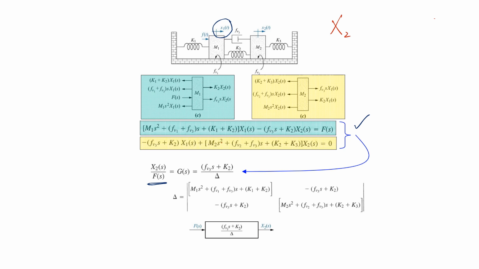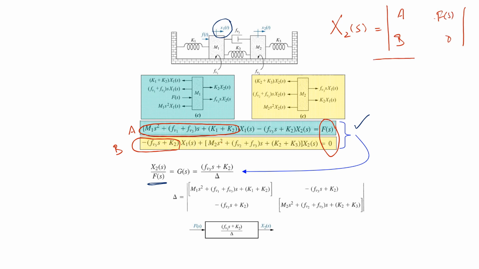If we apply Cramer's rule on this system of simultaneous equations, this will be x2 of s, which will be equal to, firstly, this term, which I represent by, let's suppose, a here, and then this term, which I represent by, let's suppose, b, that will be here. And then on the next column, we will have this column as it is, f of s and 0, divided by the delta, and the delta is represented here.